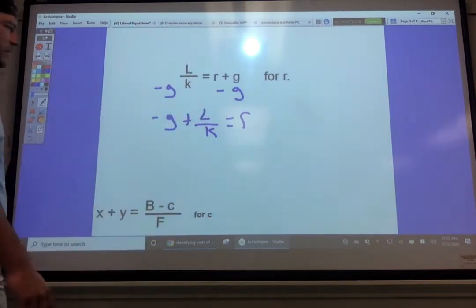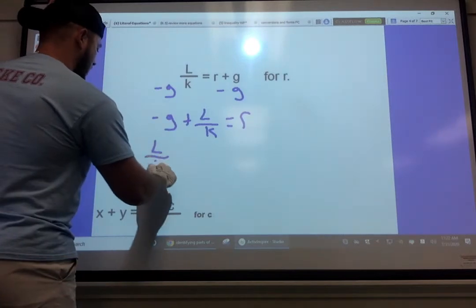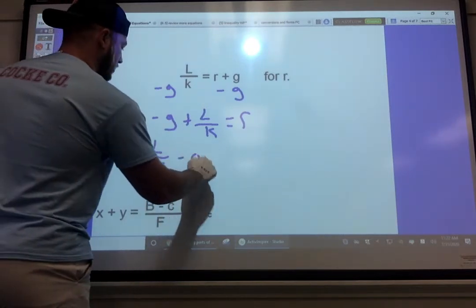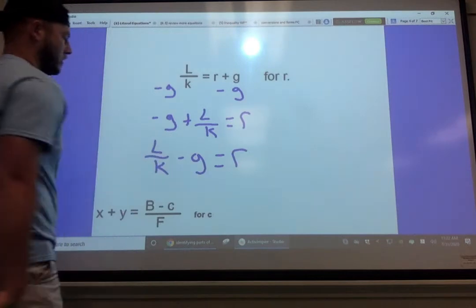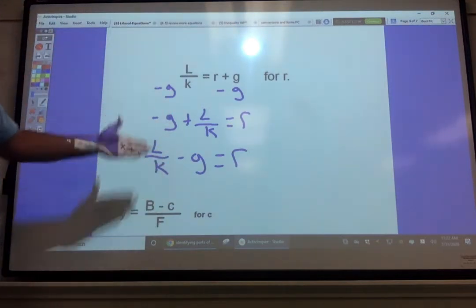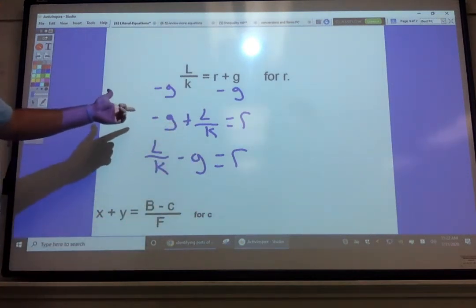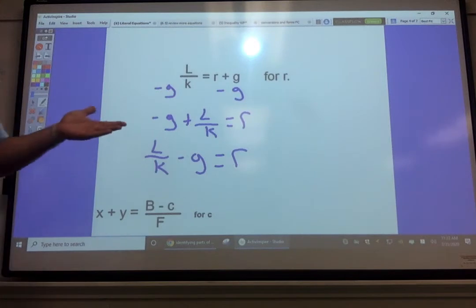It can also be written something like this: L over K minus G equals R. It doesn't matter which way you want to write these. Here, we're minusing a G. Here, technically you have a negative G. But it means the same thing.